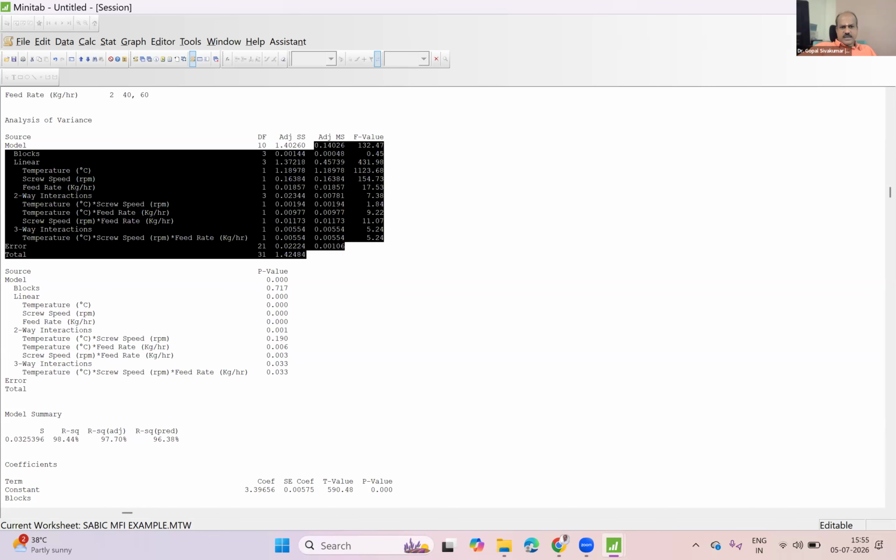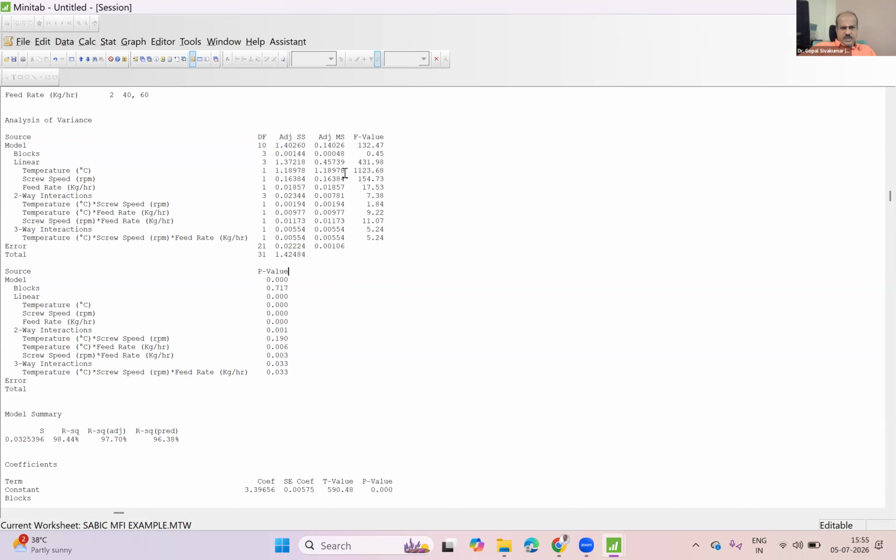Which one has a higher adjusted mean sum of square? 1.18, which is temperature. That means temperature has maximum effect on MFI. So in this way, this information will be helpful.